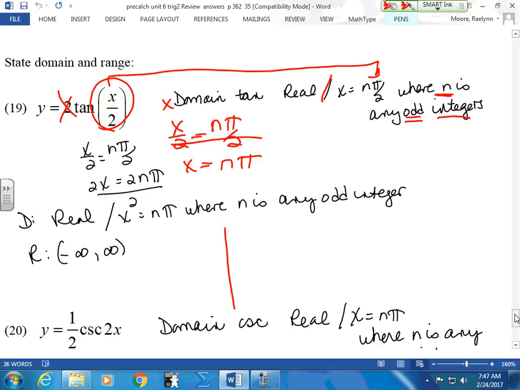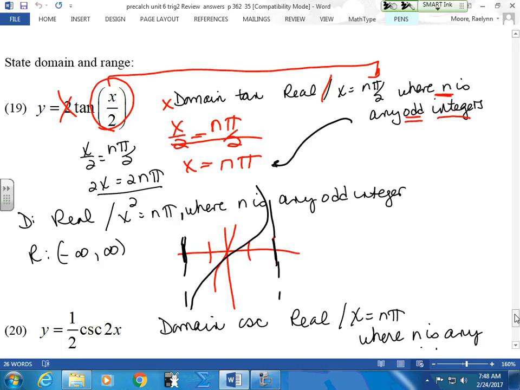Here was my beloved tangent curve, but it's going to take me twice as long to make this curve. It's going to go from here to here. So now here's my asymptote. Doesn't that make sense? I changed the period. I have to do half of my curve now in pi. It's going to take me 2 pi, but tangent is centered at the 0 here. And so this totally makes sense to me. And then you're going to bring this down. Now don't fall into this trap. This is not your domain.